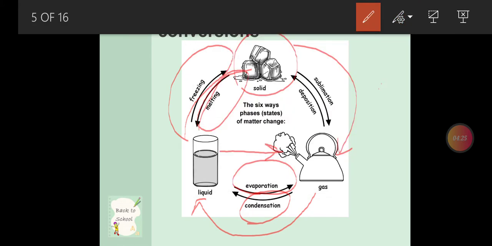This is called sublimation. And similarly, when the exact opposite change takes place, involving gas back to solid directly, this is deposition or desublimation. We can use both the terms for this.